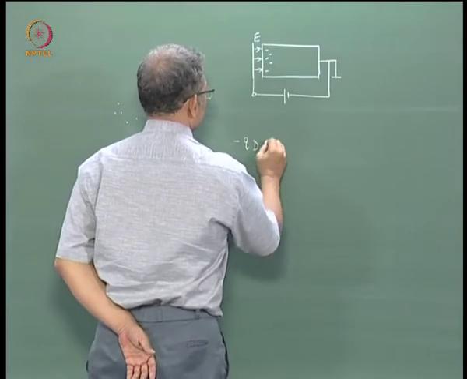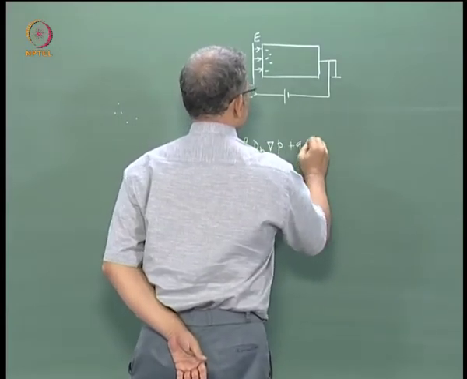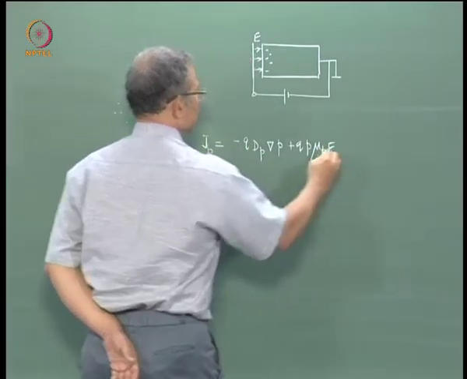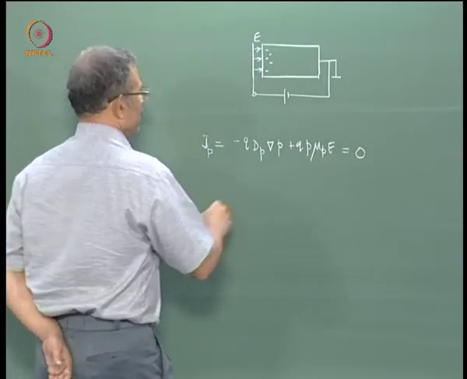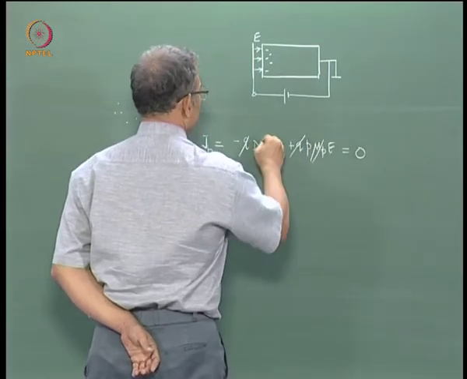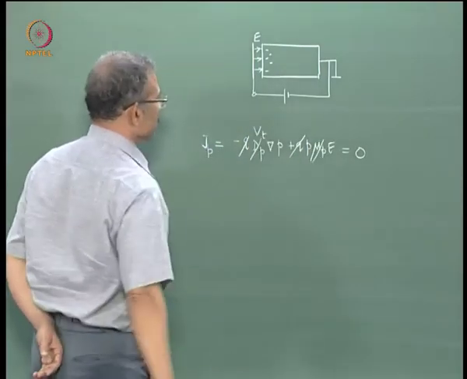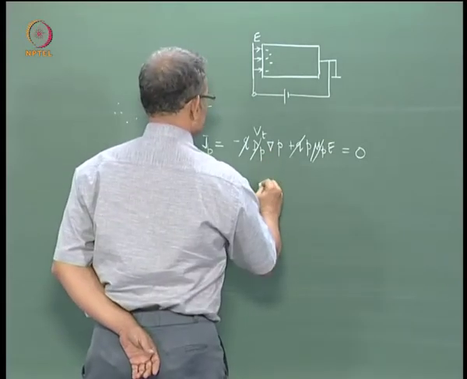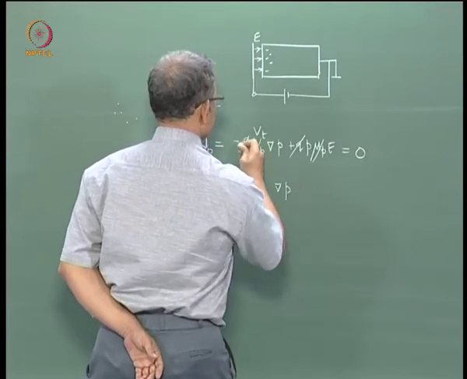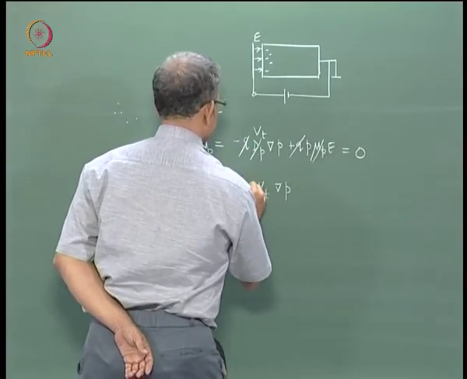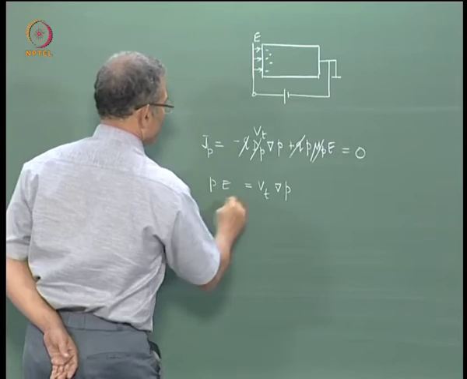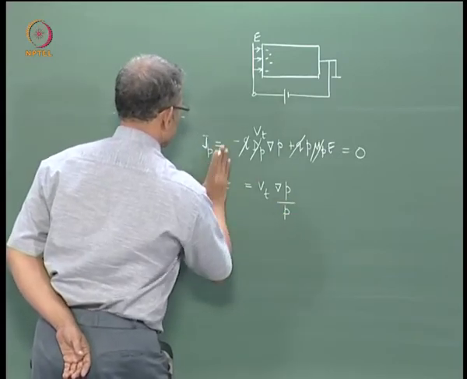So, minus q Dp grad p plus q p μp E. This is your Jp, but this is 0 because it is equilibrium. So you strike off q and divide by μp, this will become Vt here. So you are left with Vt gradient of p, this is a minus sign, so I can shift this on the right hand side, and p into E. Now I can divide by p here, so that I will get this.